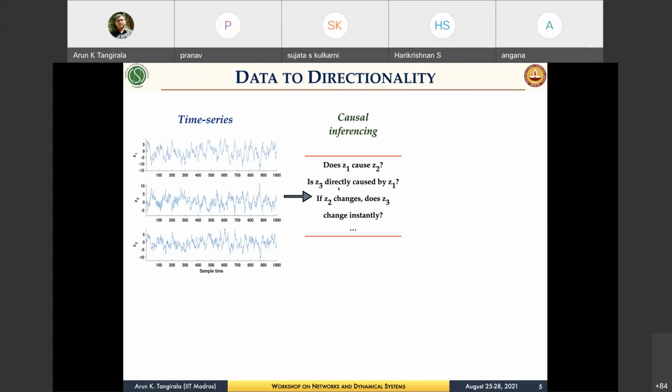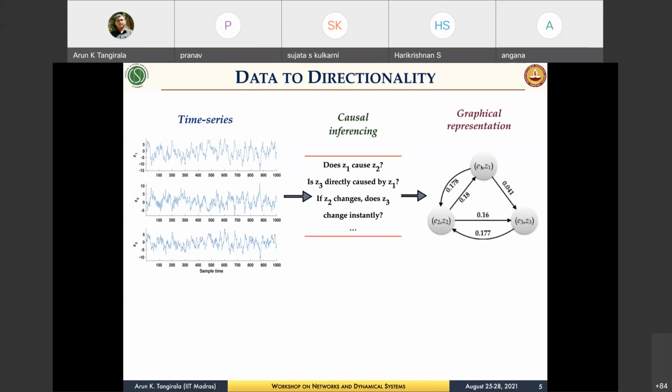And so on, right? So these are the questions that you try to answer in causal inferencing. Now, once you get your answers, it's up to you whether you want to represent this in the form of a network or not. Typically, it's convenient to represent this in the form of a graphical model. So one such representation is what I'm showing you here. There are many ways of representing this inference in the form of a graph. So the E's that you see here in each node, Z's are already known to you. The E is the endogenous excitation in each of these variables.